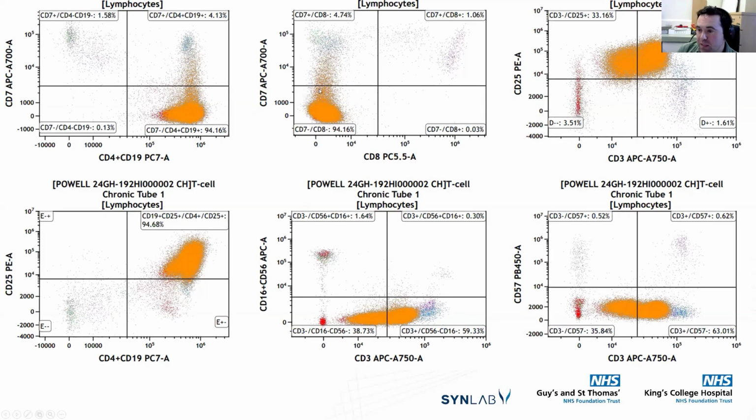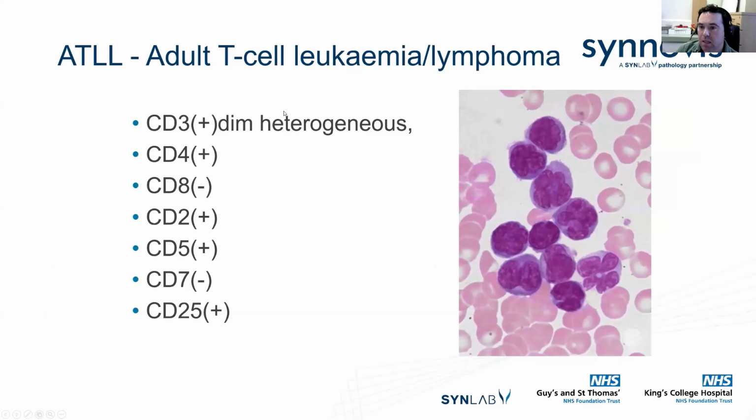And we would normally expect to see CD7 expression on T cells. And it turned out that this patient had adult T cell leukemia lymphoma, or ATLL. CD3 positive dim, CD4 positive, CD8 negative, CD2 positive, CD5 positive, CD7 negative, and CD25 positive. And the morphology with these flower cells.